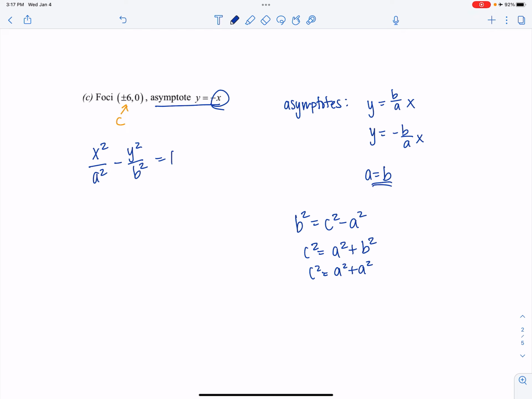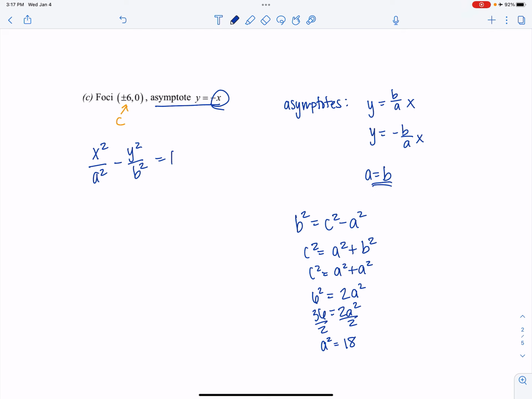And c squared is just 6 squared, because we already knew c. So we have 2a squared equals 6 squared. So 36 equals 2a squared. If I divide everything by 2, I get a squared equals 18.